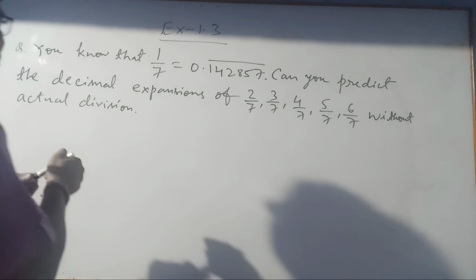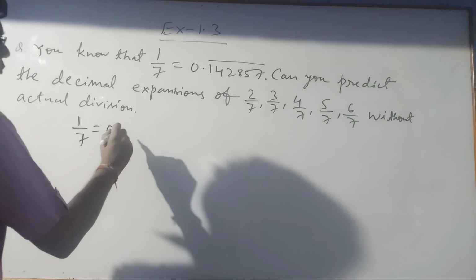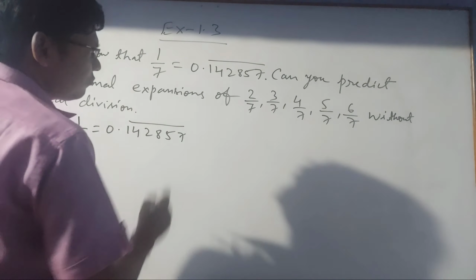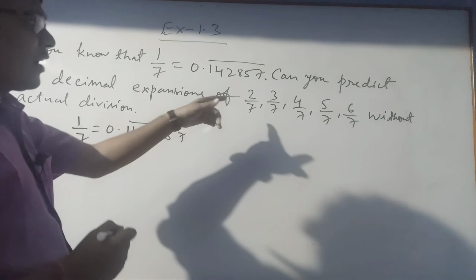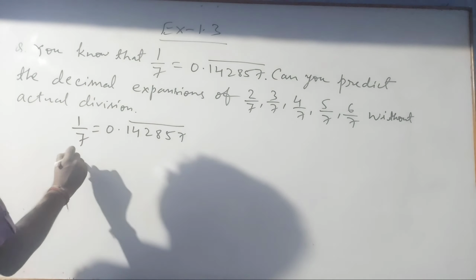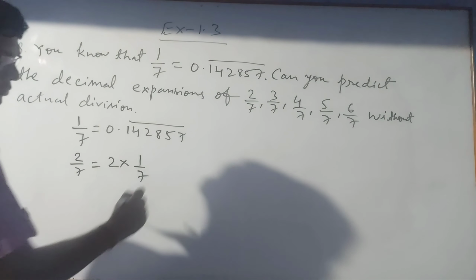If the value of 1/7 is given as 0.142857, recurring, then we can easily find the values of these. How? First, 2/7.